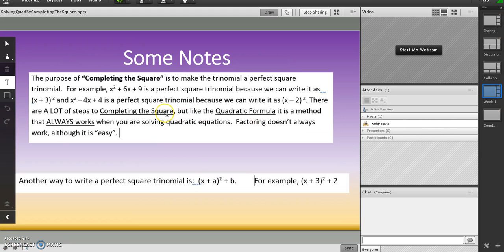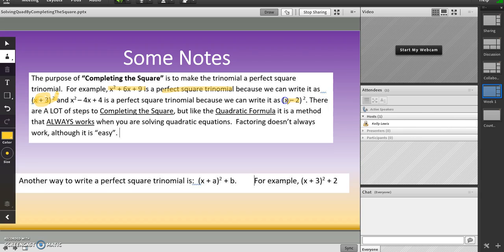All right, so the purpose of completing the square is to make a perfect square trinomial. A perfect square trinomial is a trinomial that can be written with two terms and then a square.